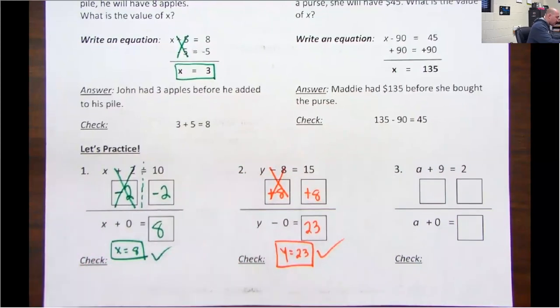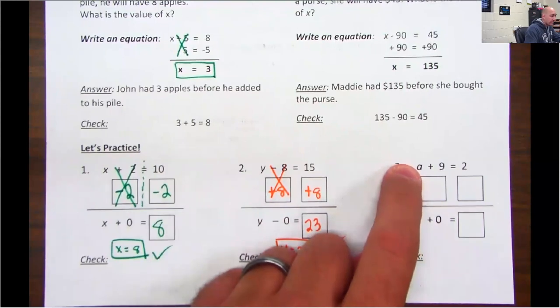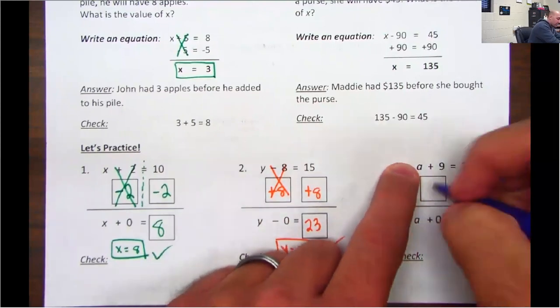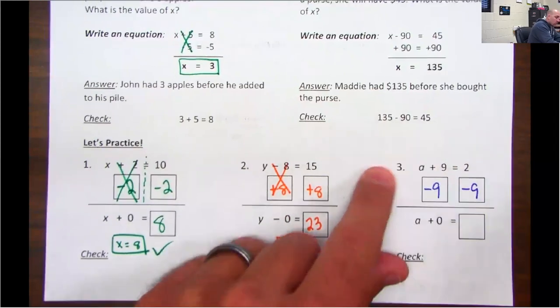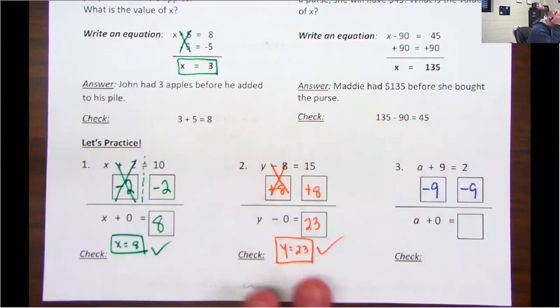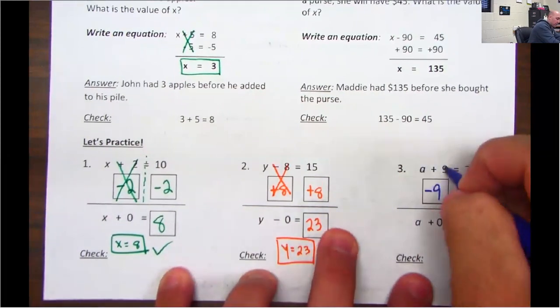All right, last one. Let's see how we do here. A plus 9 equals 2. So we're solving for A. The inverse of adding 9 is subtracting 9. Ooh, wow, this one's going to be slightly different. Well, first, 9 minus 9 zeroes out.